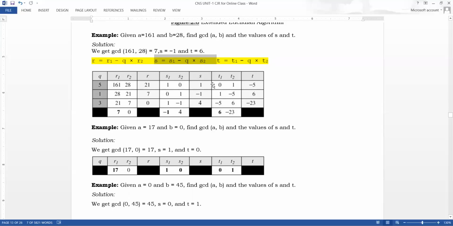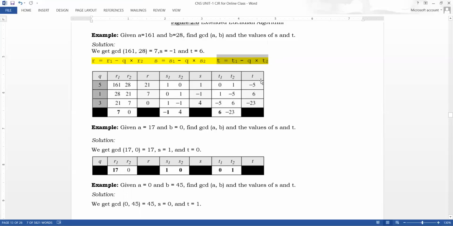And in the same way, T1, T2 values are also 0, 1, assigned according to the extended Euclidean algorithm. These are the initial values we have to assign. And find the T value according to this formula. Here T1, T2 values are already there, and for the Q value, we have to take the Q value of the same row.